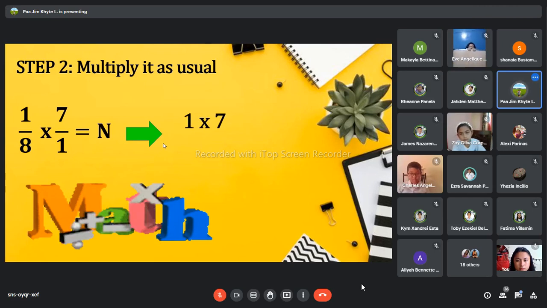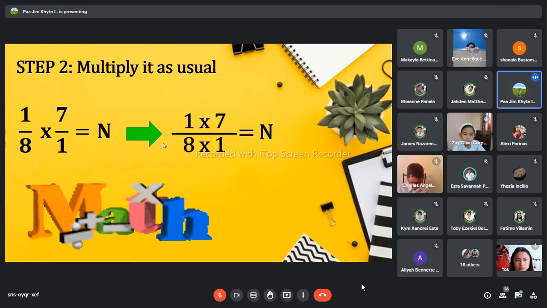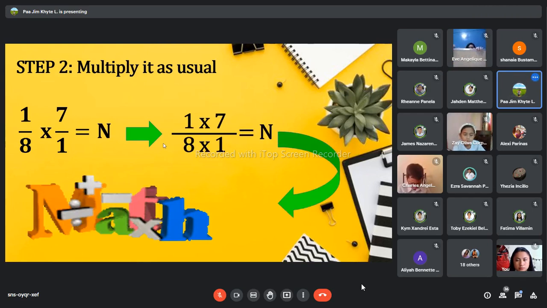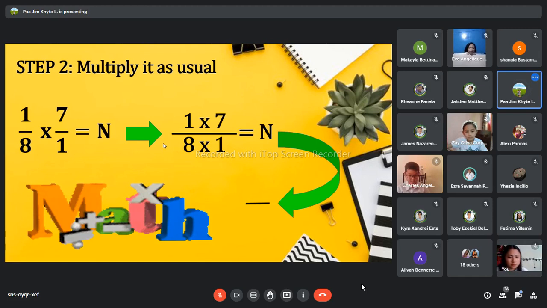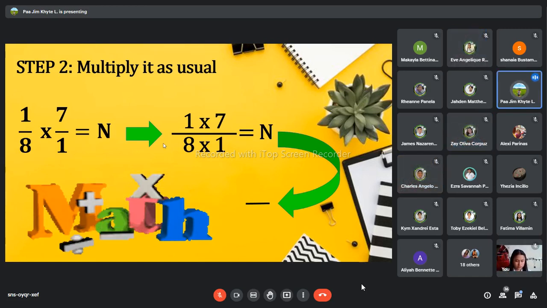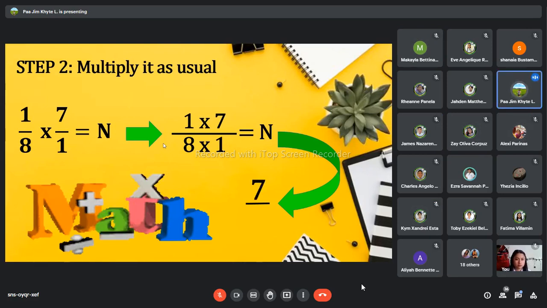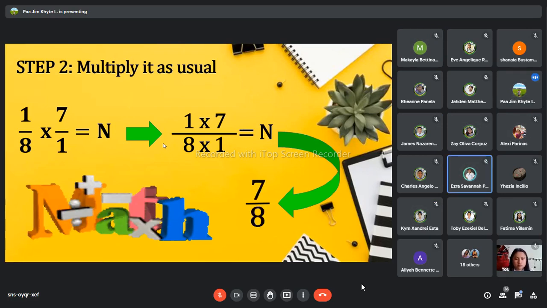So it will look like this: 1 times 7 over 8 times 1 is equal to n. So 1 times 7 is equal to anyone? 7, ma'am. And 8 times 1 is equal to 8, ma'am. So 1/8 times 7/1 is equal to 7/8.